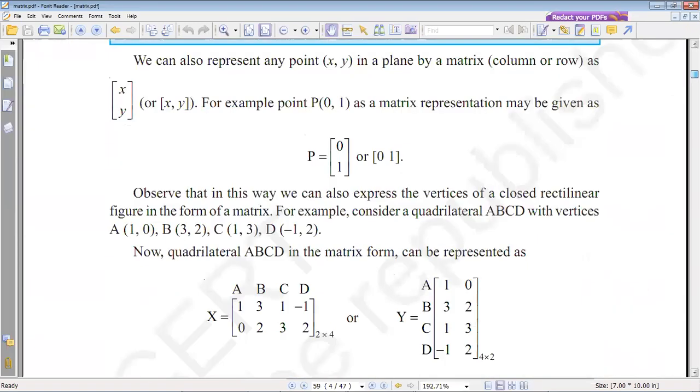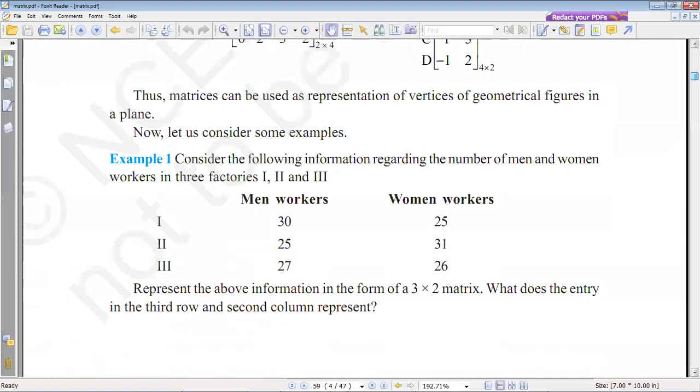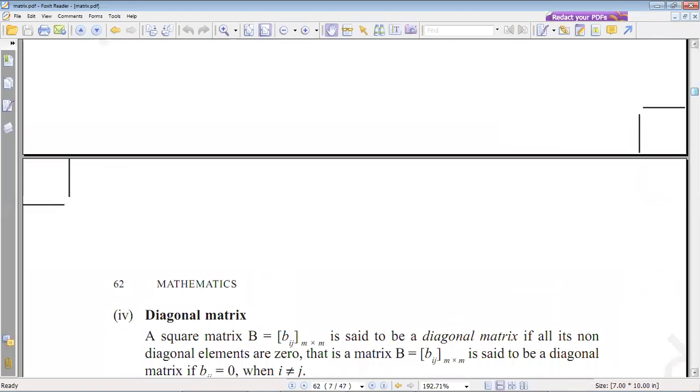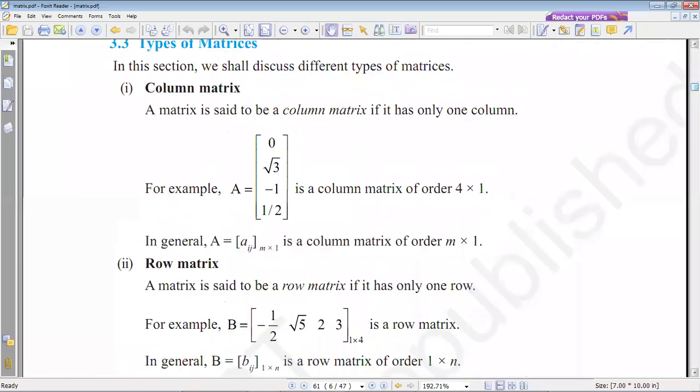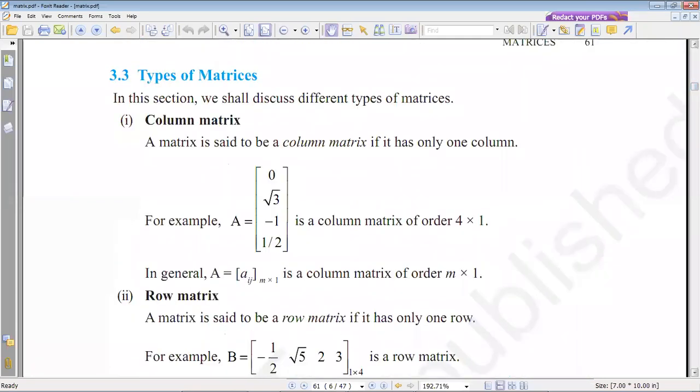Now, what are the different types of matrices? I think you already know what a column matrix is.